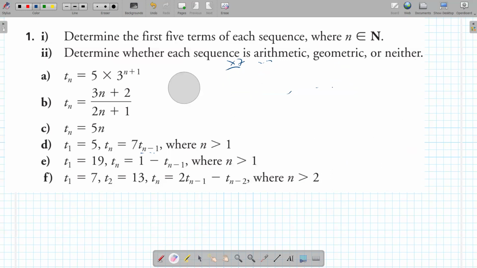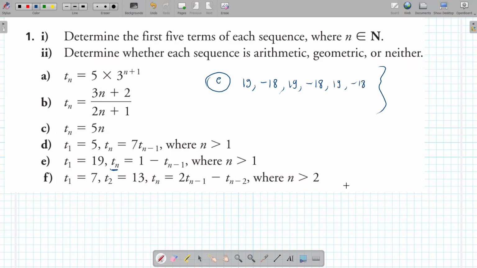For E and F, we need to actually write it out because it's not quite clear cut. So for E, the next term is 1 minus the previous term. So we have 19. 1 minus 19 is -18. 1 minus -18 is 19. 1 minus 19 is -18. So you have this pattern.